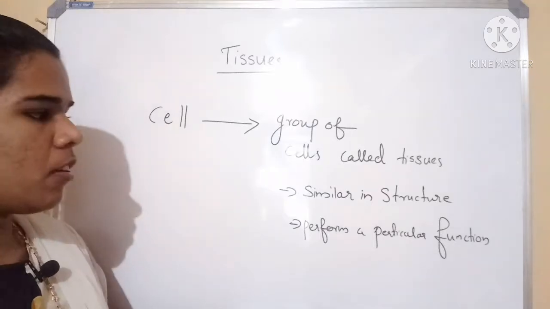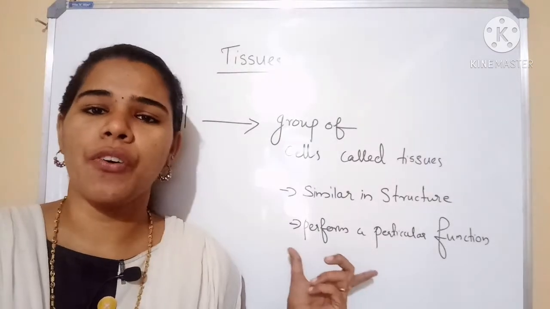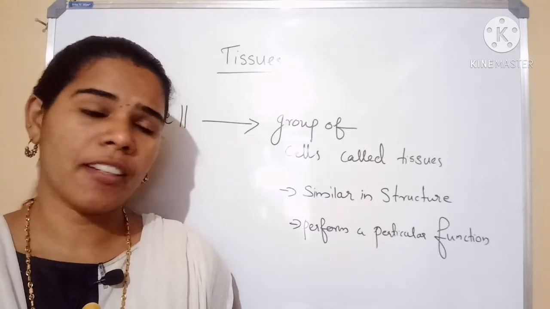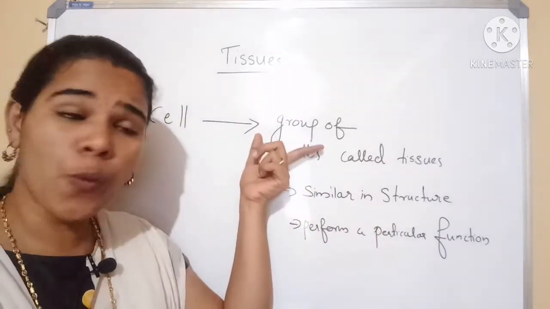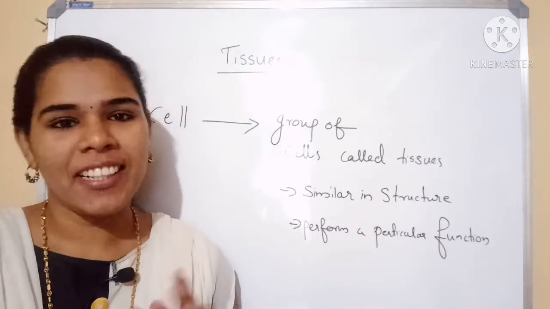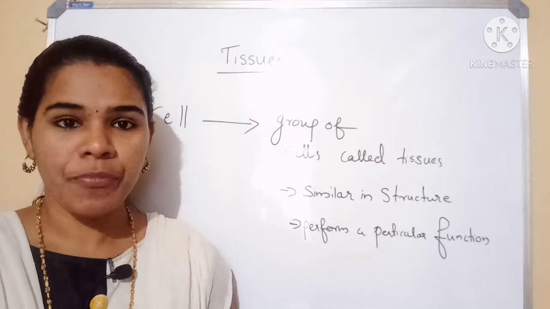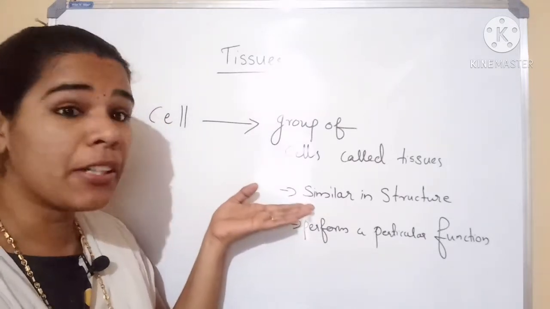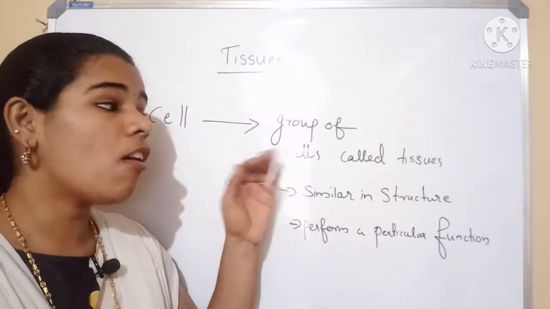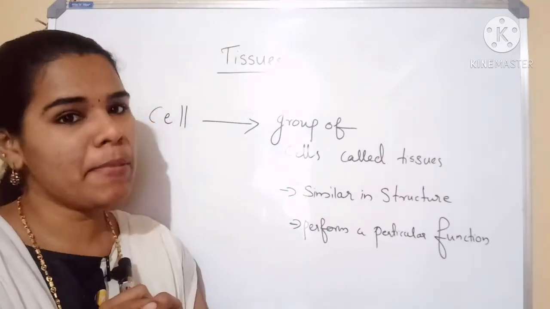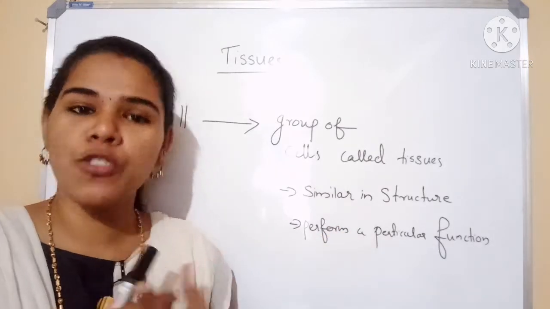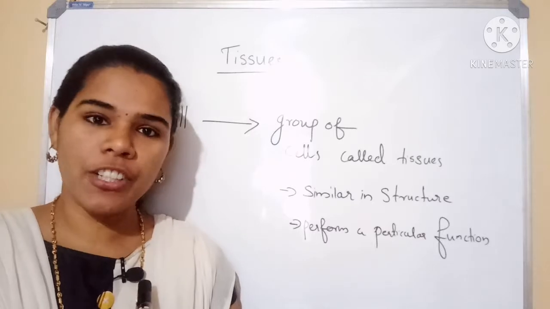These are the peculiar features of tissues. A group or a cluster of cells is called tissues, and the tissues have some particular characteristics: all the cells in a tissue are the same in structure, and work together to perform a particular function.